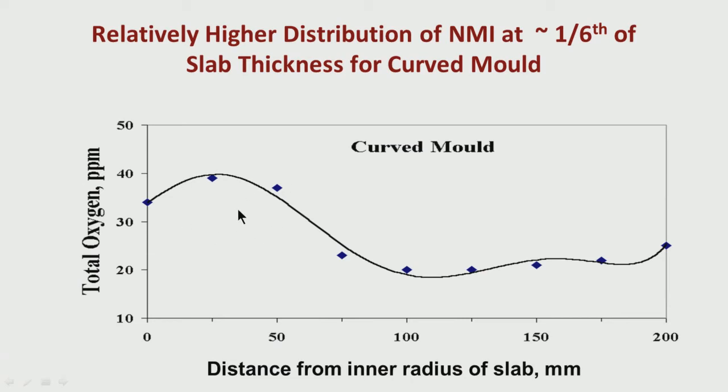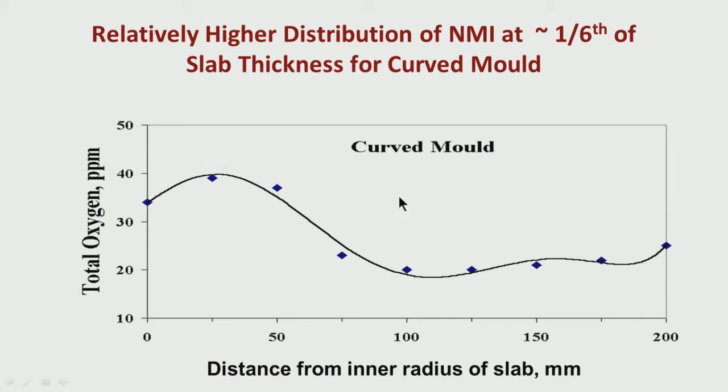So, whenever you roll this slab, if you have not toppled the slab during rolling, the bottom surface will have more defects, otherwise the top surface, that means the inner surface. So, it is better to mention that the surface at the inner radius will have more defects.